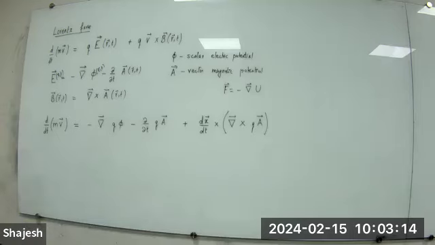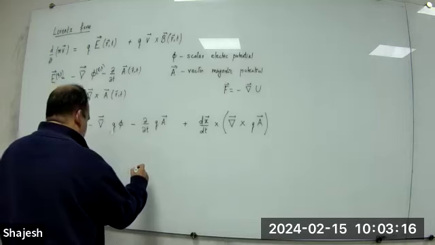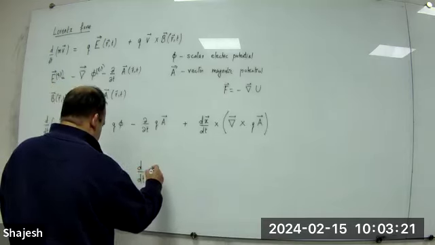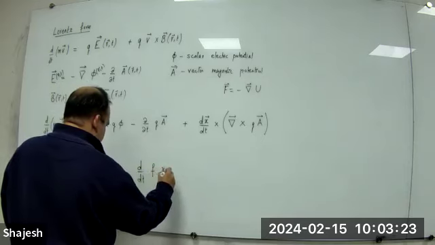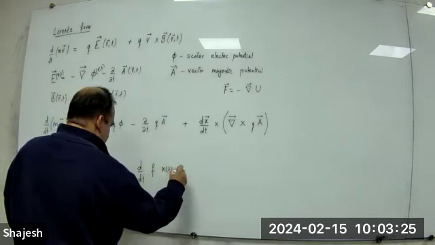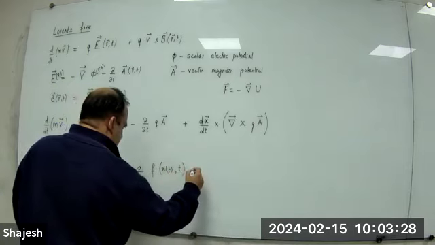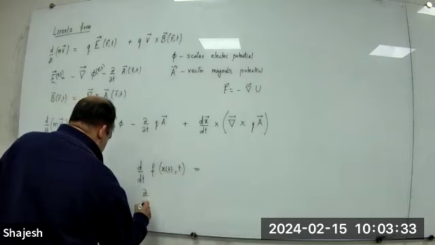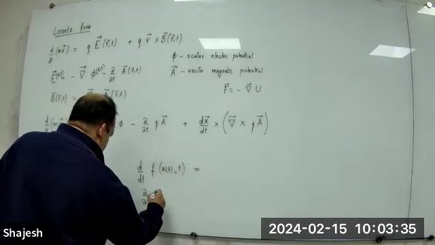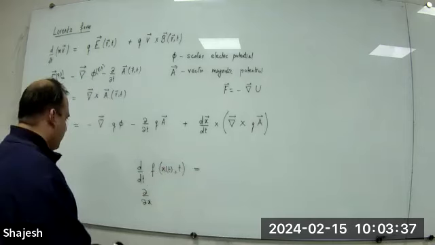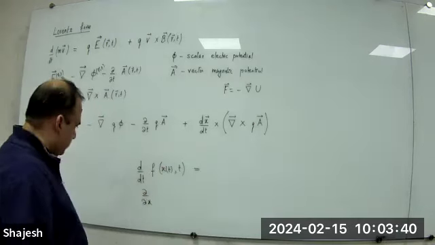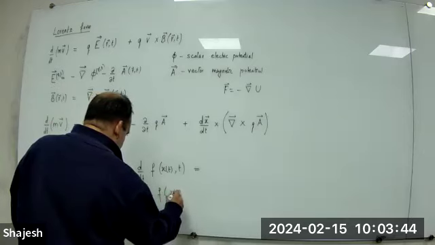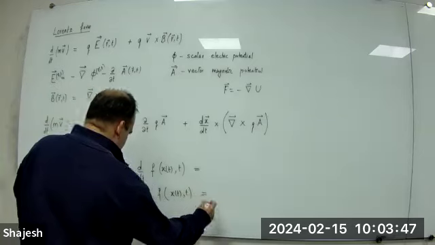I should emphasize here, what's the difference between a total derivative and a partial derivative? Let's say f is a function of x of t, and t. What's the difference?